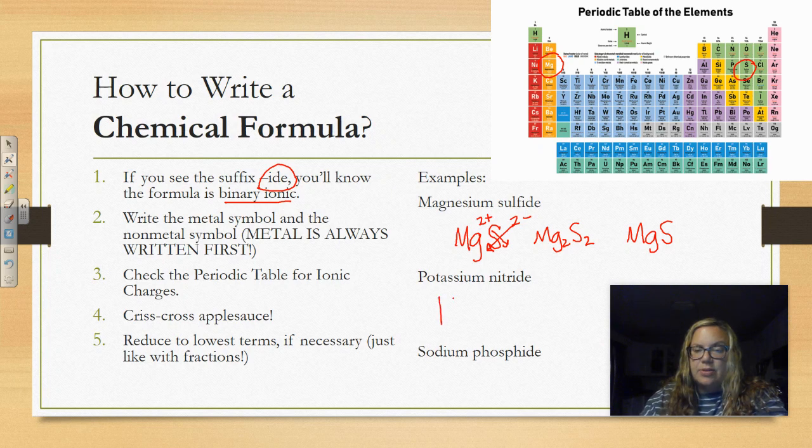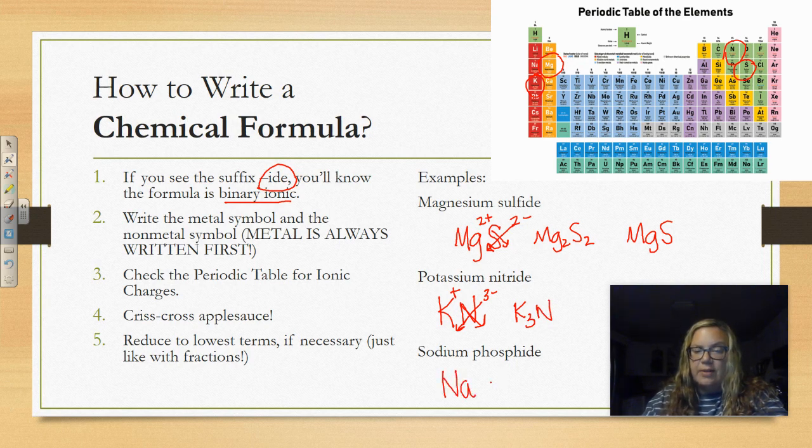Now potassium nitride, potassium's K. Nitride comes from nitrogen, and it's N. Potassium has a +1 charge. Nitrogen would make a 3- charge. So we crisscross, and we get K3N. Then we have sodium phosphide.